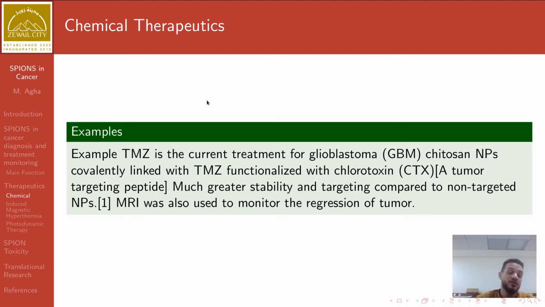Magnetic resonance imaging was also used to monitor the progression of tumors. So we have a chitosan peptide. We added a lot of functionality to it.